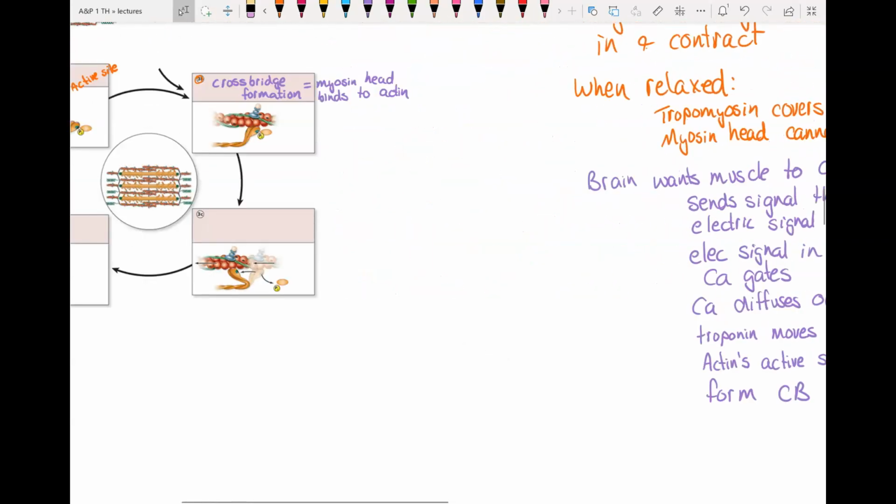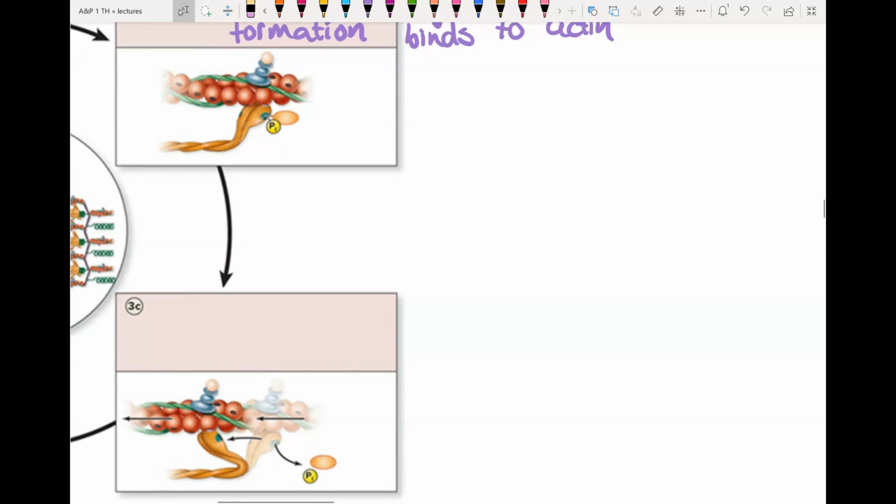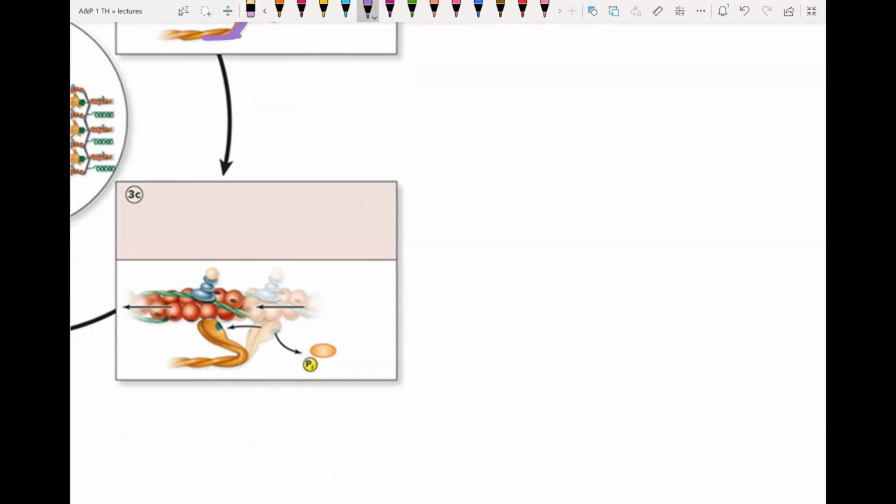Okay, now notice the angle. The myosin head binds to the actin like this, at this angle. Then it bends to this angle. Well, that's how you get the motion. That's how you move the actin in toward the M line, is when that myosin head bends.